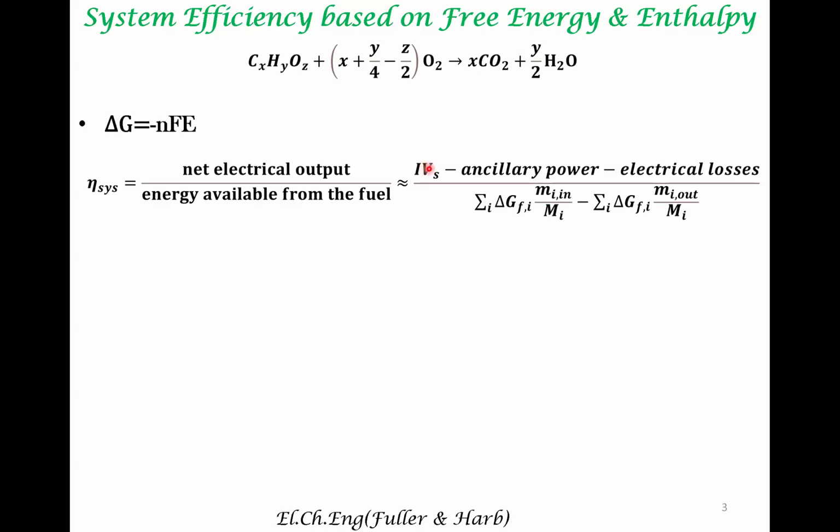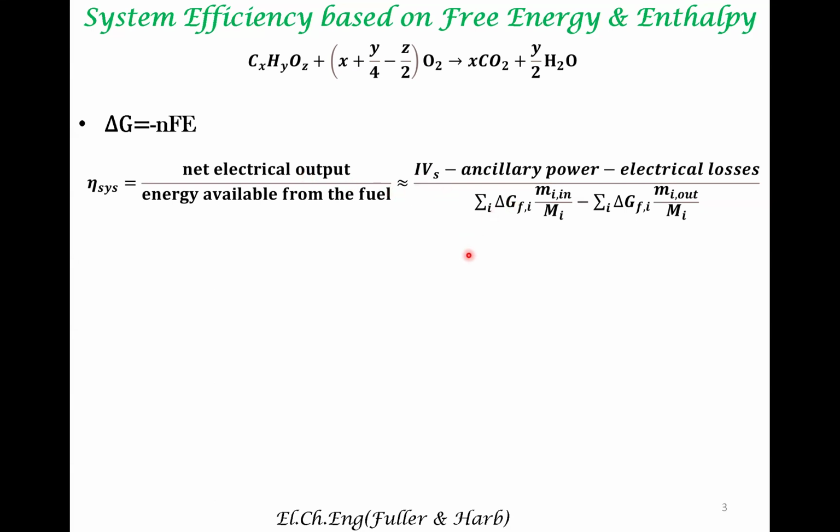So I times Vs would give you the electrical power output, minus the auxiliary power that goes into running pumps and so on, minus other electrical losses, let's say associated with wires and so on. You get the net electrical power output. We have indicated this schematically in the previous slide.